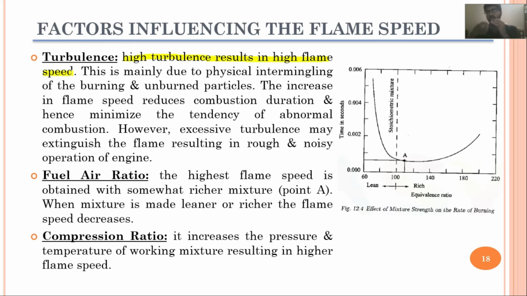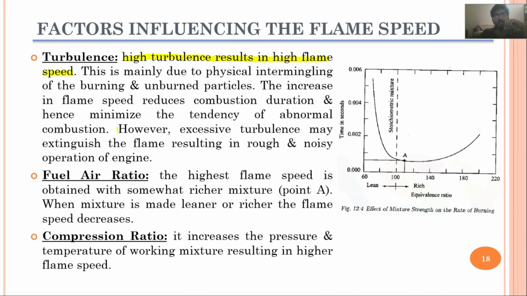Turbulence is basically the physical intermingling of the burned and unburned fuel particles, and the unburned fuel particles will take the heat from the burned fuel particles and will also get combusted. So this is the role of the turbulence here. So increasing the turbulence will increase the flame speed, and reducing the turbulence will decrease the flame speed.